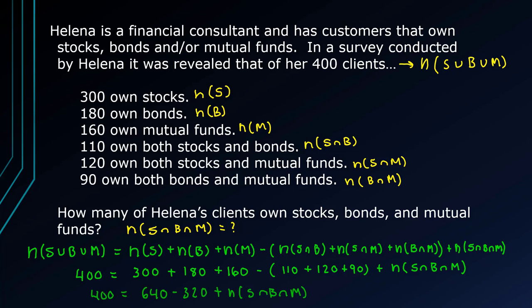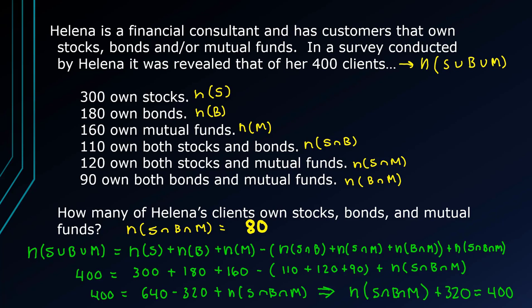So 400 is going to equal, well, these three added together is 640. These three added together is 320, hence 640 minus 320 plus this, which means that the number in all three sets plus 320 equals 400. And then when I subtract 320 from both sides, I get that the number is in fact 80.